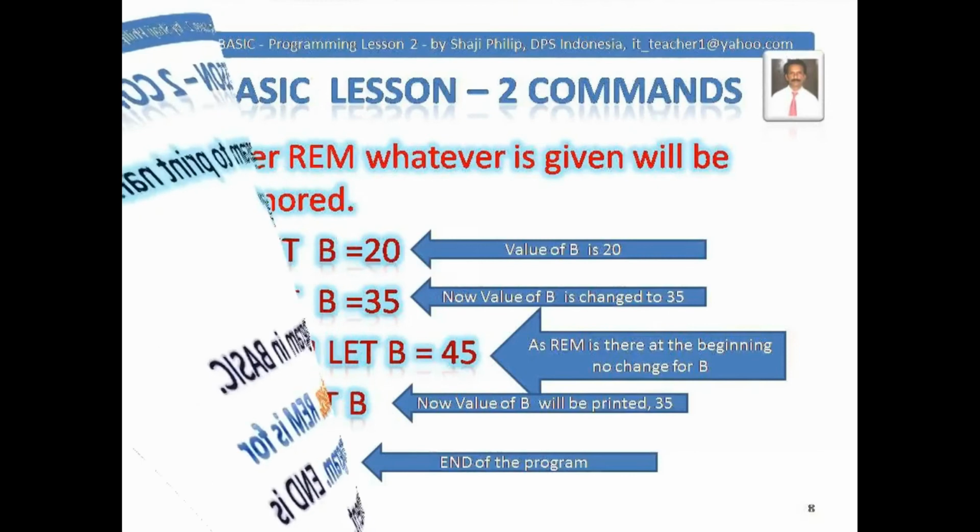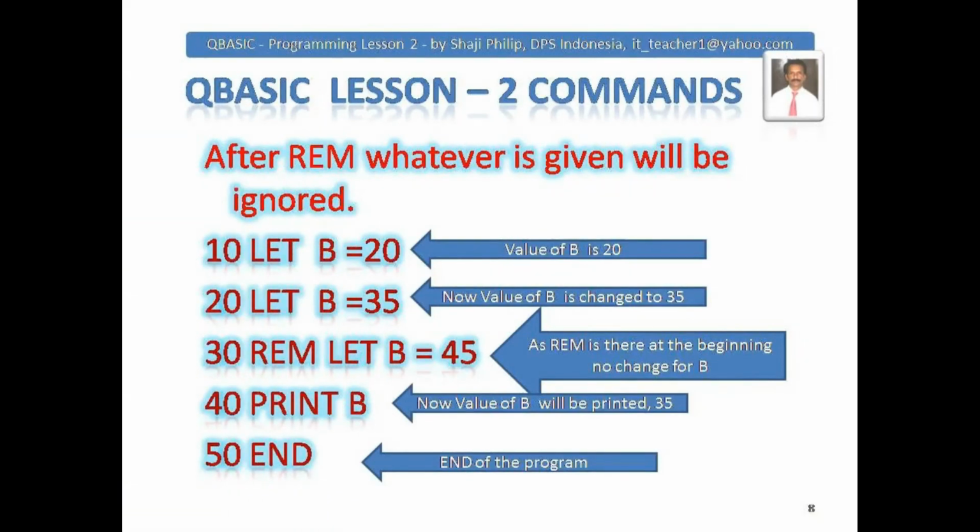Here we have a program example. This is another program. Let b equal to 20. Let b equal to 35. First we are assigning a value 20 to b, and again we are changing it. We are reassigning another value 35 to b. The 30th statement is rem let b equal to 45.